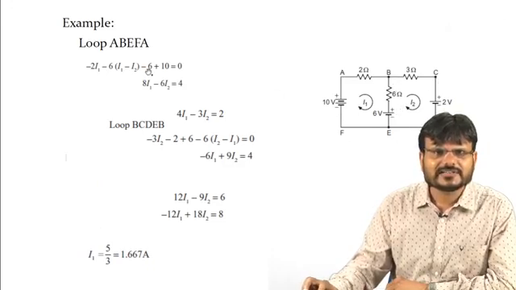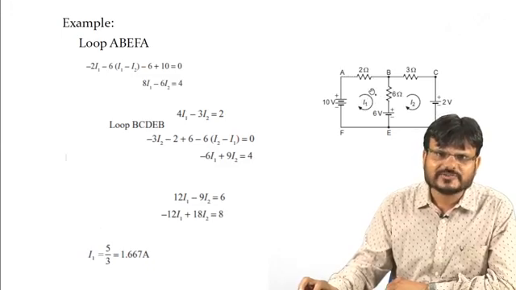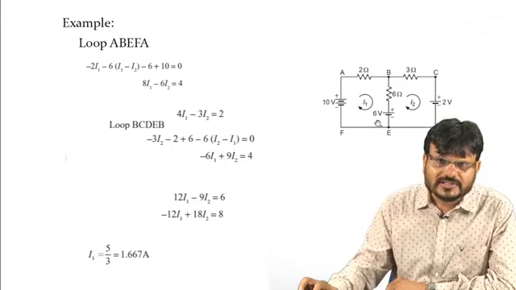So just apply the KVL in A, B, E, F, A. Because current is flowing in this direction, there will be a drop. This drop can be written as minus 2 into I1. Again here, because there are 2 loop currents, and we are assuming this I1 current is higher than the current I2, the net current I1 minus I2 will flow in this direction.